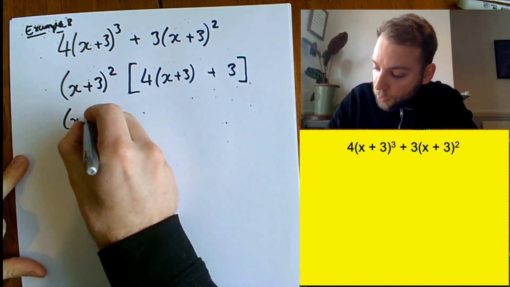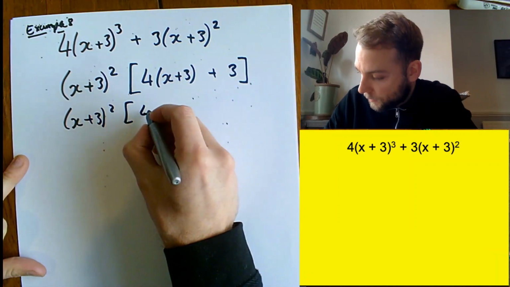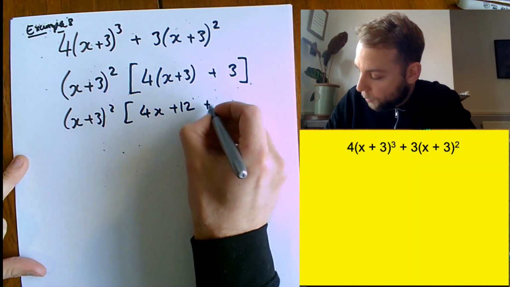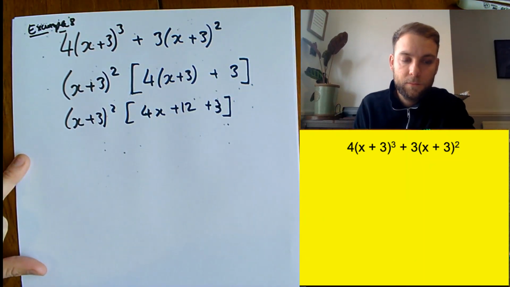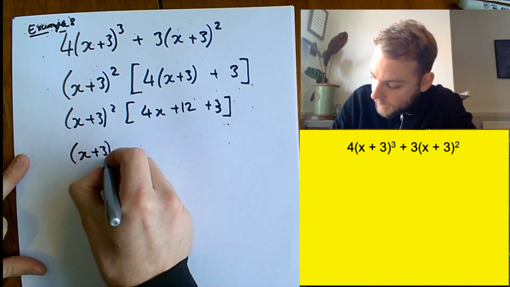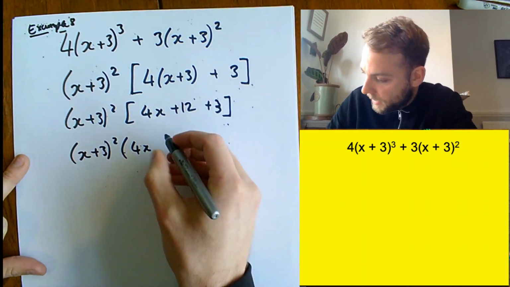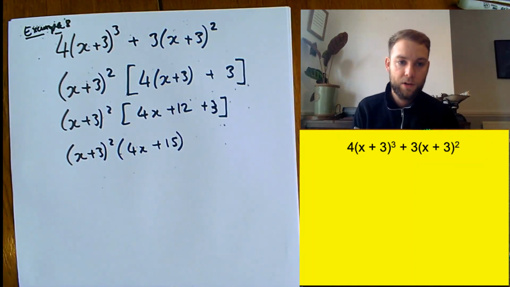So I've got x plus 3 squared. 4 times by x is 4x. 4 times by 3 is equal to plus 12. Plus the 3 at the end. And then I can simplify this. So I've got x plus 3 all squared, 4x, 12 plus 3 is equal to the 15. And that's that question done.